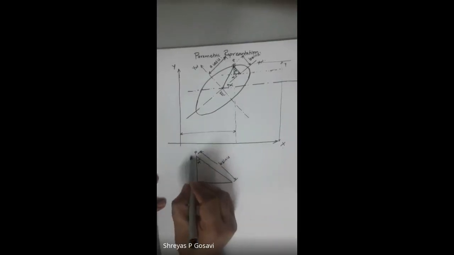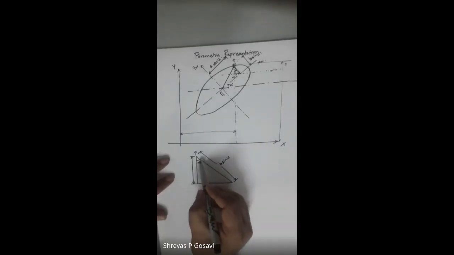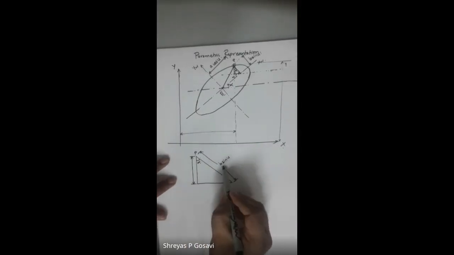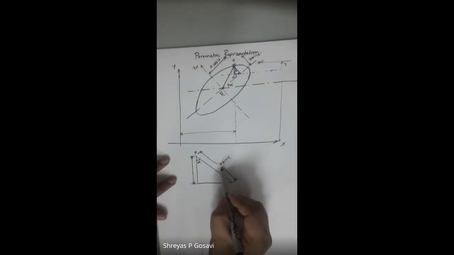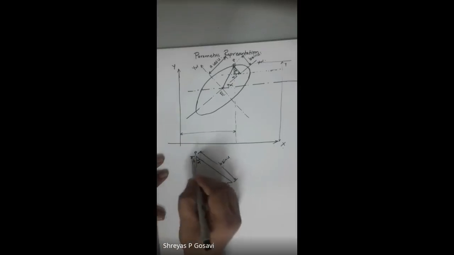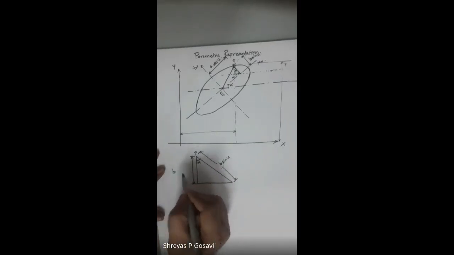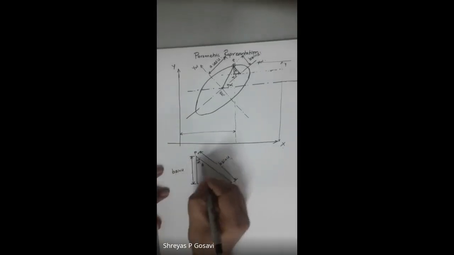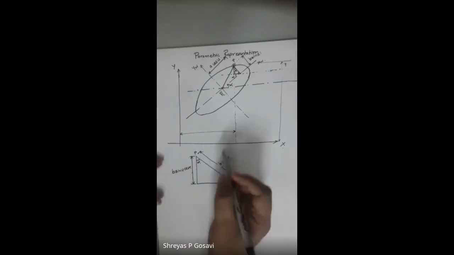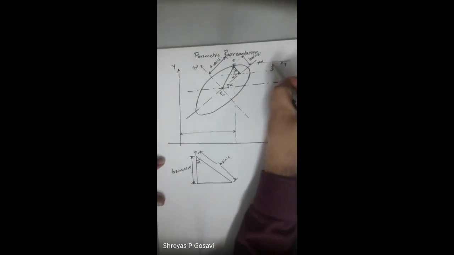So we have to determine this vertical side, or adjacent side to angle alpha. So this is nothing but cos of alpha, which is equal to adjacent upon hypotenuse. Hence, this adjacent side will be equal to cos of this angle multiplied by this side. So the value of this side will be b sine u into cos of alpha.